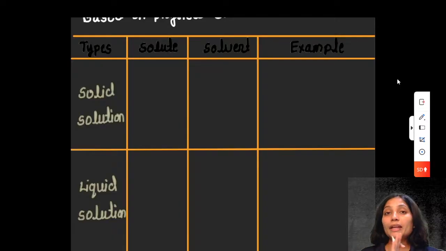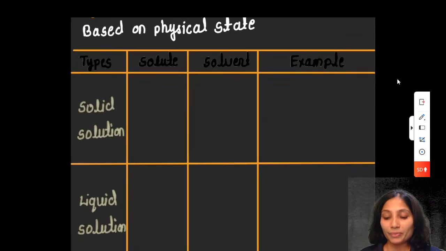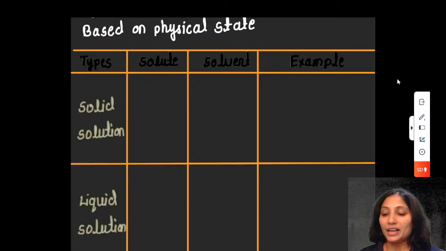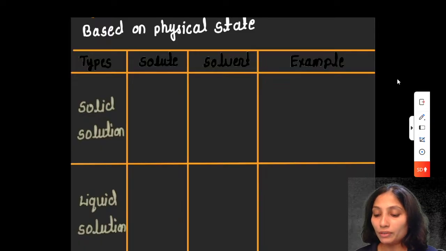Now see, in solid solution, as the name indicates, it will be in solid state. We know the physical state of solution will be same as that of solvent. So in all solid solution, what will be solvent state?